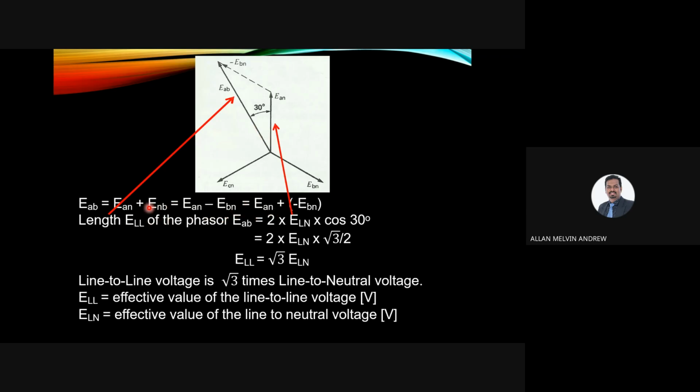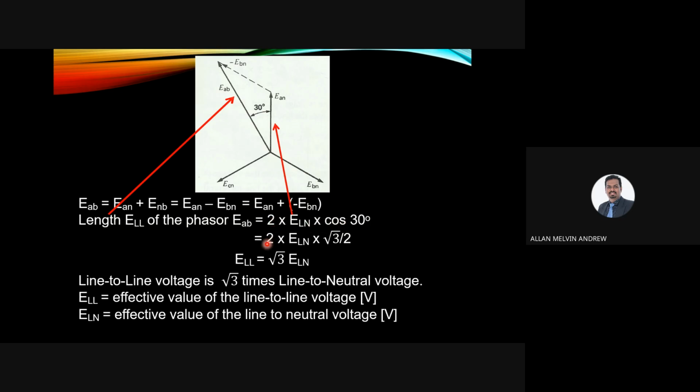So similar to how I explained earlier, if you want to find the length of the phasor EAB, ELL means E line to line. So this is the formula: 2 times ELN times cos 30. This is from the previous part 1, so you can refer to part 1 notes for this formula.